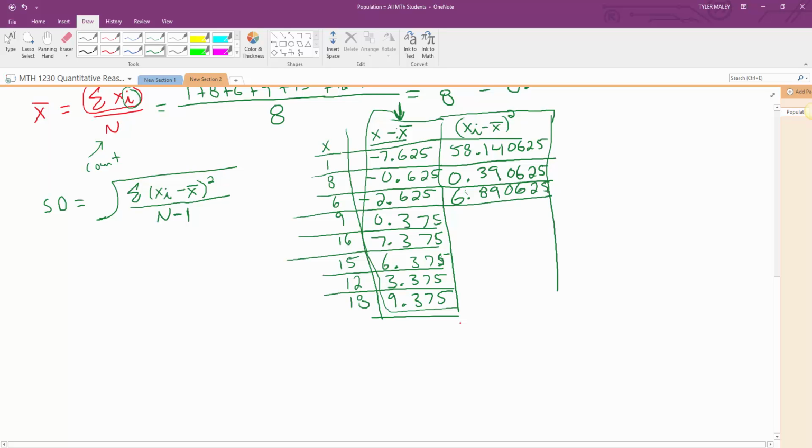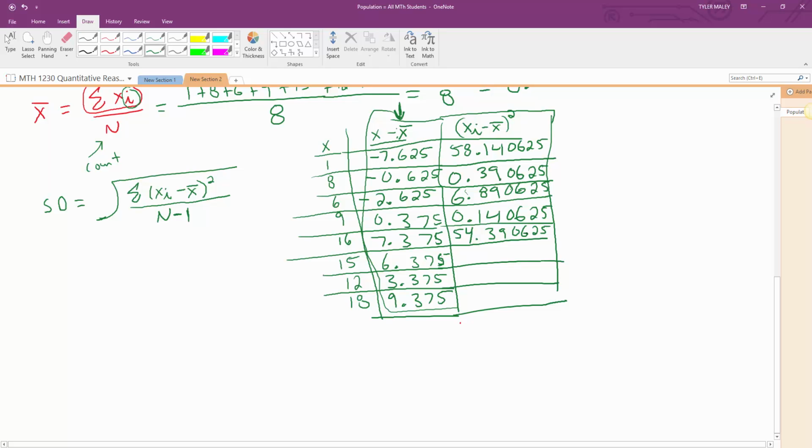Right, so the next value is 0.375. We can square that. We get 0.140625. Then take 7.375 and square that, and I get 54.390625.